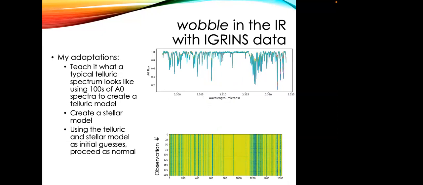We can feed this template into Wobble, and it gives it a good starting guess as to what the telluric model should look like, making the program more likely to successfully find a telluric model. We can also do something similar for stellar spectra.